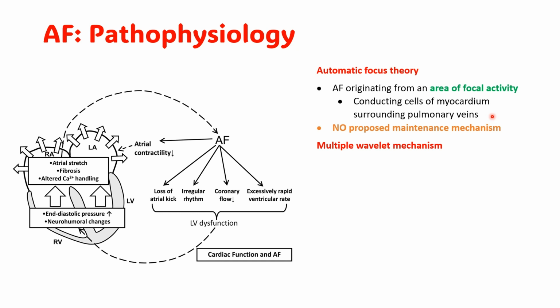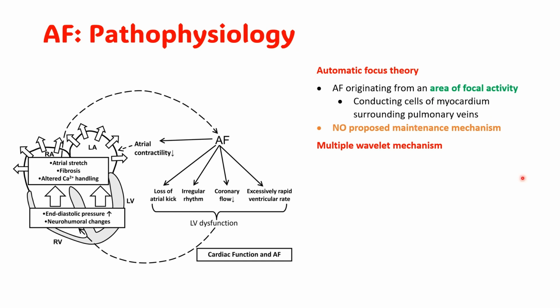Because remember, the electrical activity of the heart should be originating from the SAN being transmitted to the AVN down that kind of regulated pathway. It shouldn't be happening elsewhere at an ectopic site, such as around the pulmonary veins.